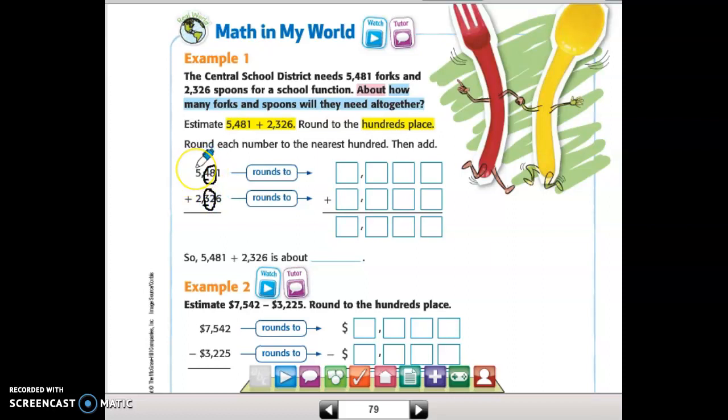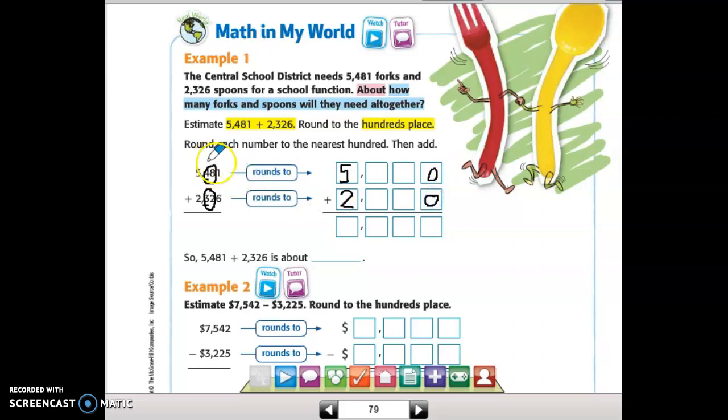The ones above the circle stay the same, so my thousands place is not going to change in either number. And I know that the places to the right of the circle are going to go to zeros, so I don't have to think about that yet. I don't have to do any math in my head. I can just get those parts done.